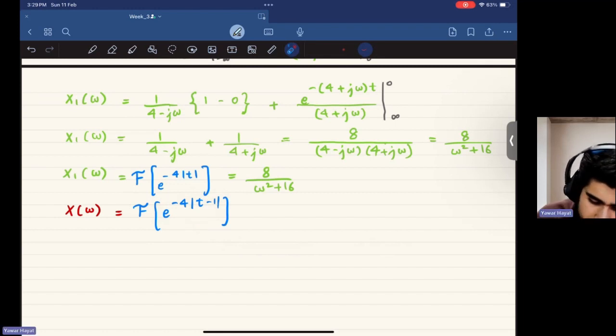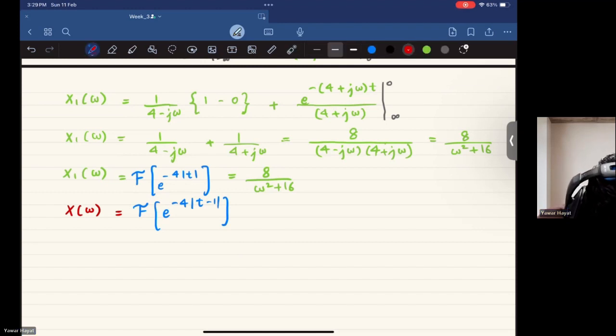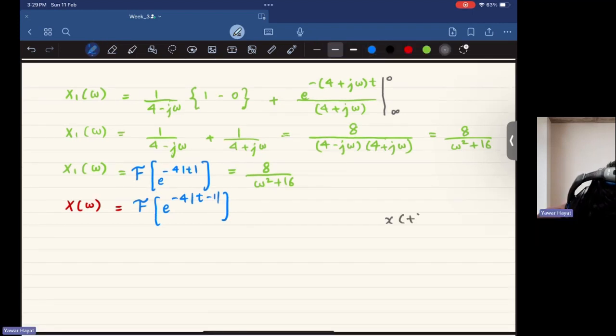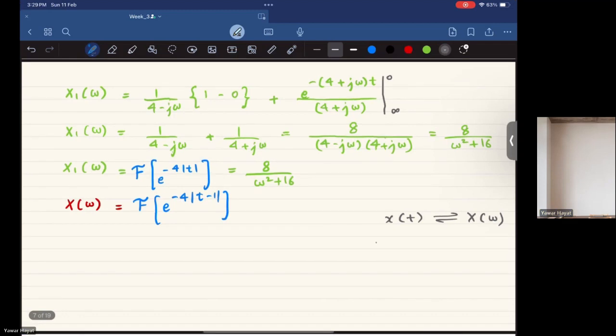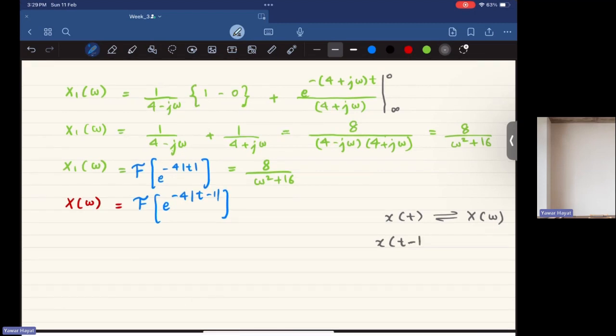And you can refer to the slides, and if you remember, I showed you this property, right? Given x of t and X of omega as Fourier transform pairs, we have this x of t minus, in general it's t naught, but I'll use t minus 1 for my case, because t naught is 1 for my case. What is that?